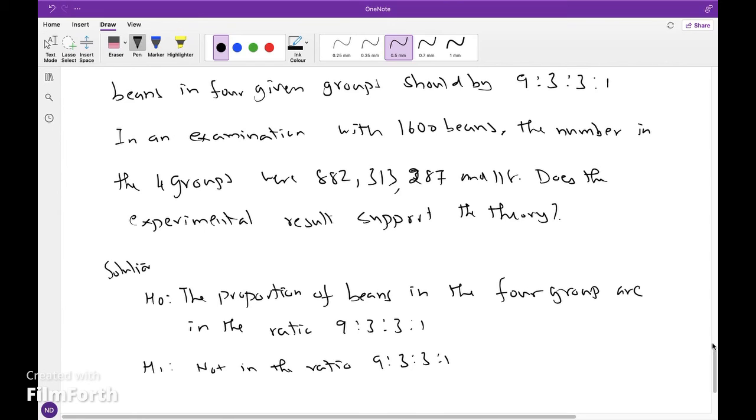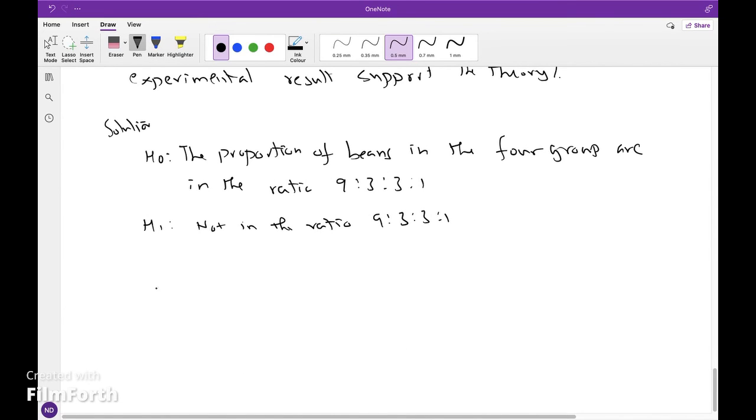On the assumption of H0, the expected frequencies are 9 by 16 into 1600, 3 by 16 into 1600, 3 by 16 into 1600, and 1 by 16 into 1600.